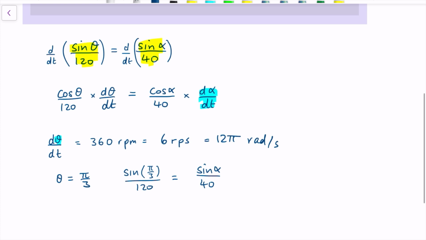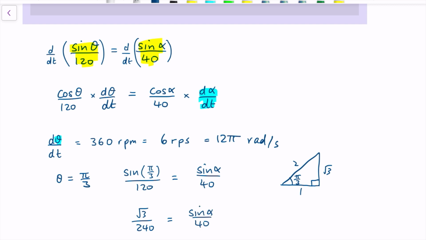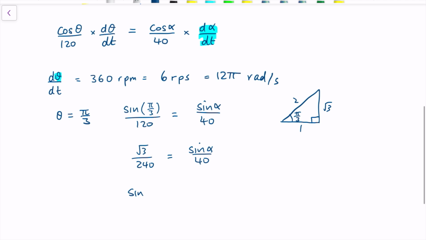It's on your formula sheet as well, the special triangles. We have pi over 3 there, which is 60 degrees, and this is root 3, 1 and 2. So the sine of pi over 3, opposite over hypotenuse, is root 3 over 2. So we get root 3 over 240 equals sine alpha over 40, or sine alpha is equal to root 3 divided by 6.